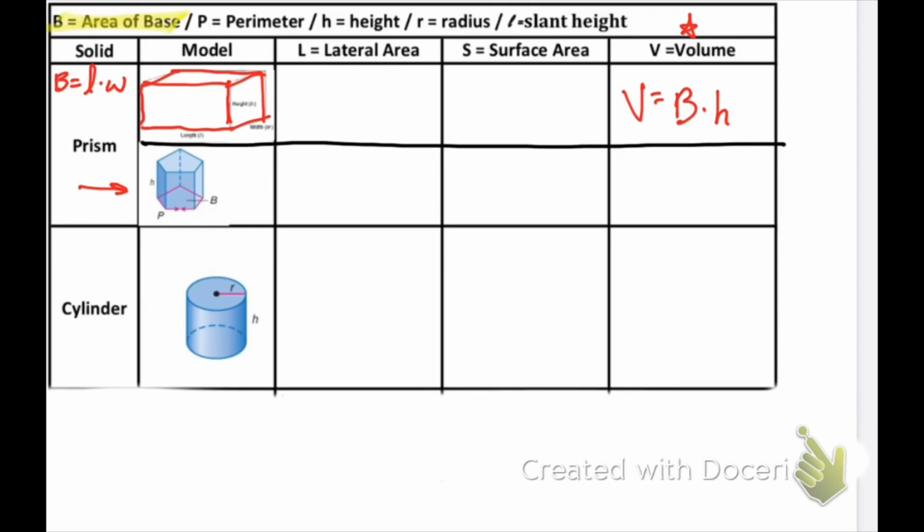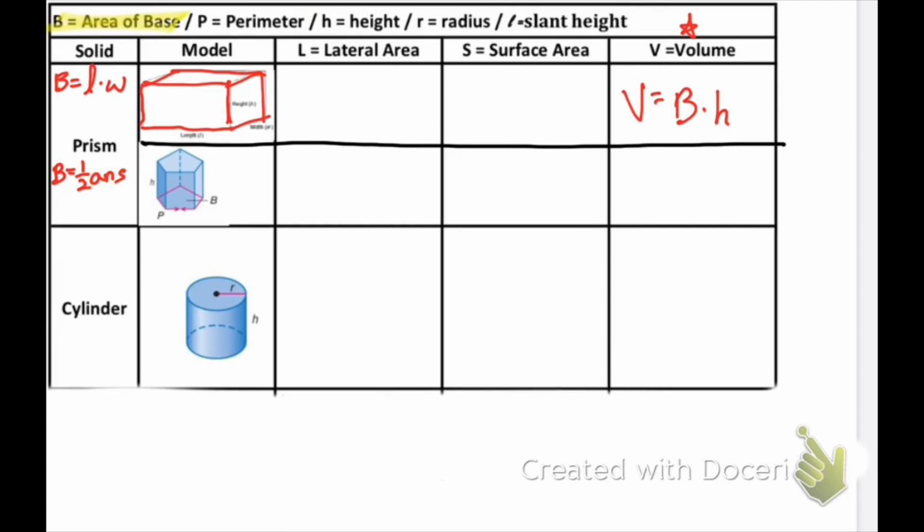That's it. Let's look at this one here. Well, what's the shape of my base here? The shape of the base is a pentagon, and it's a regular pentagon. So if you guys remember, to find the area, I'm going to do capital B for area of the base. The area of a regular polygon would be 1/2 A N S. Remember that A is my apothem, N is the number of sides, S is the side length.